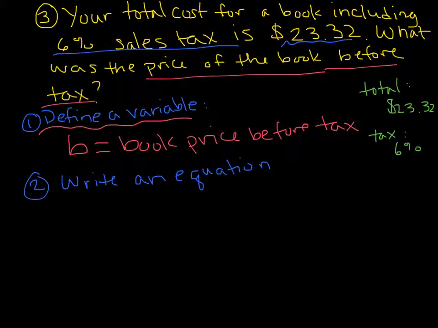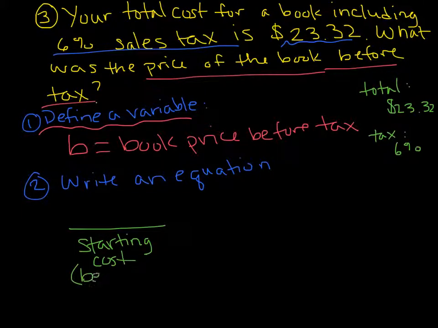The way that this is going to be set up, I'll write it out in words and then we can write it out using numbers. We're going to put in our starting cost. And by starting cost, I mean the price before tax. And we're going to add to that the amount of tax that you pay.